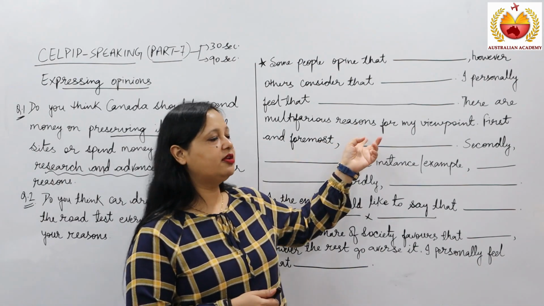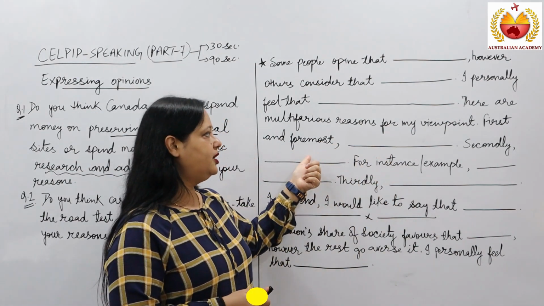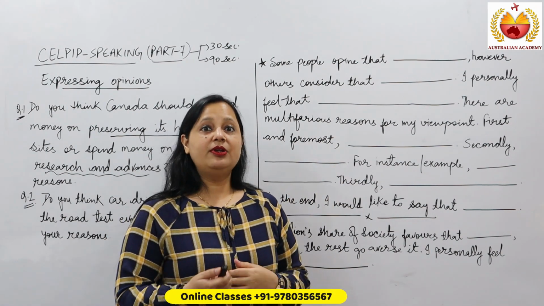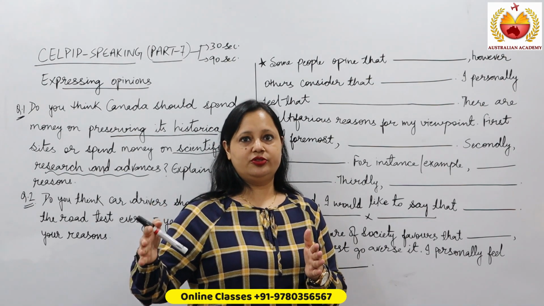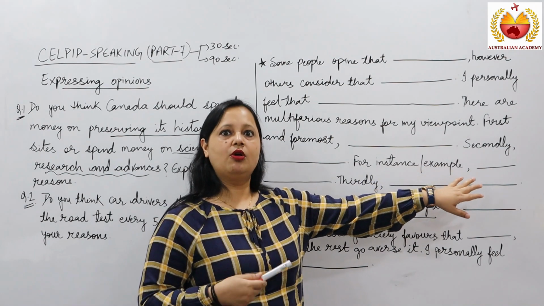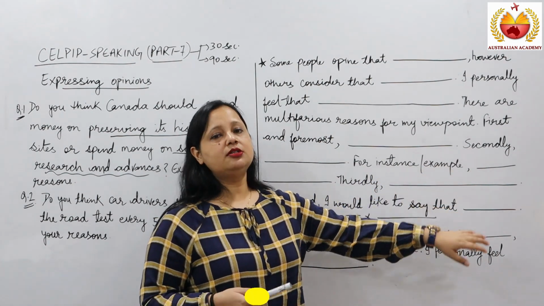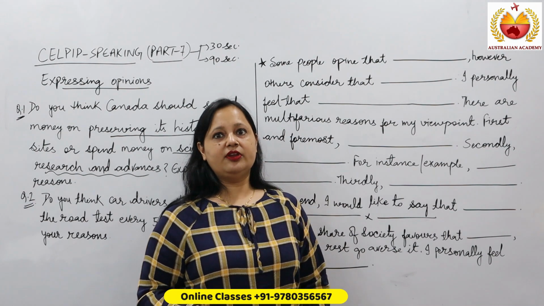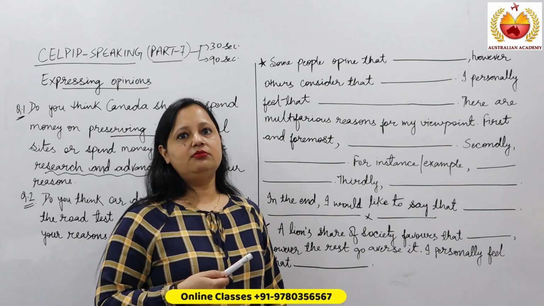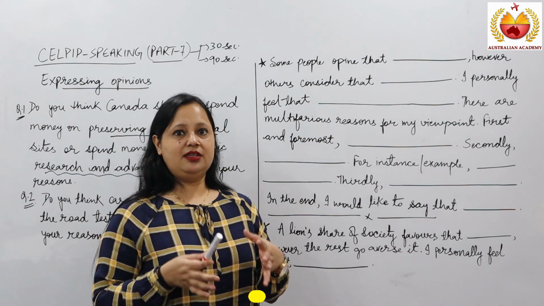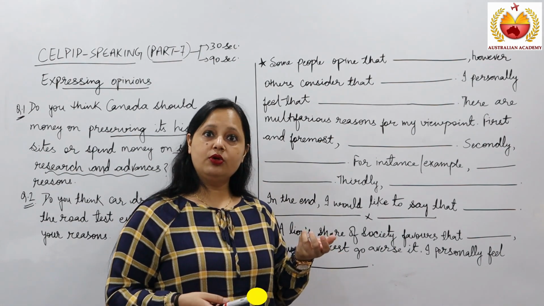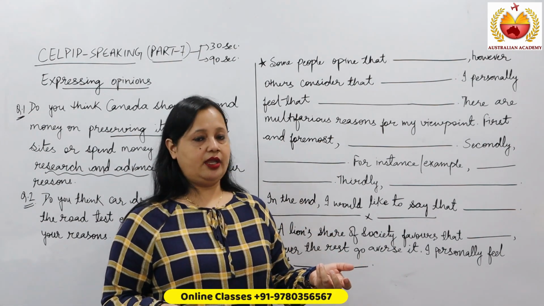First and foremost, you can give the first reason here. Secondly, you can give the second reason. Then don't forget to include an example. This example will help you extend your response, again with strong reasoning. You can give an example of how historical sites are important, or how scientific advances are important, especially in today's time, the corona pandemic. Obviously in this pandemic, scientific advances and research are more significant than anything else.